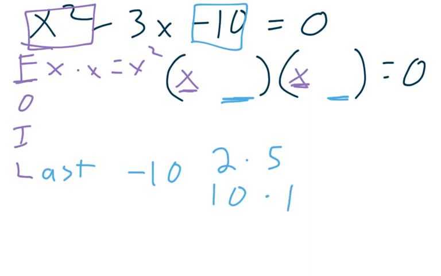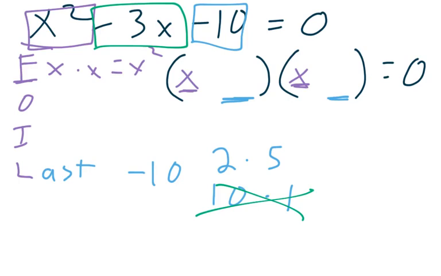And what we have to think about is which of these, when they're added together, so whether one's negative or positive, which of those added together is going to give us a negative 3. So 10 plus 1 will give us 11. 10 minus 1 will give us 9, so it's not that. What about 2 and 5? Yeah, so if we had 5 minus 2, we would get 3.